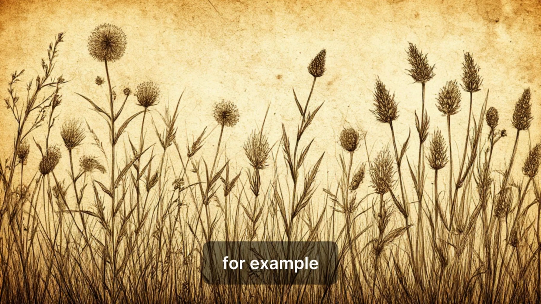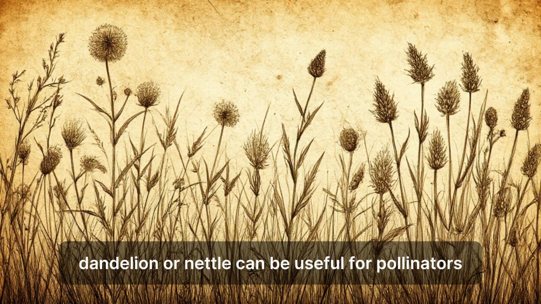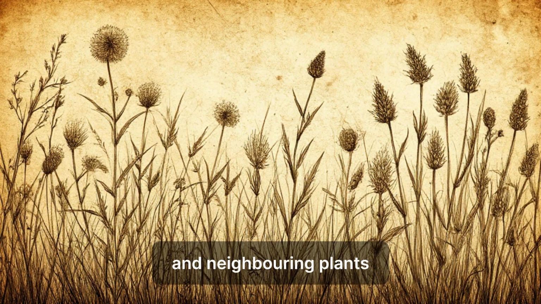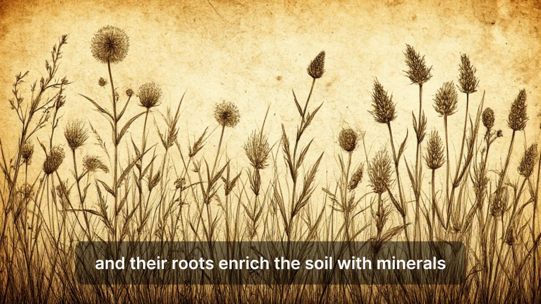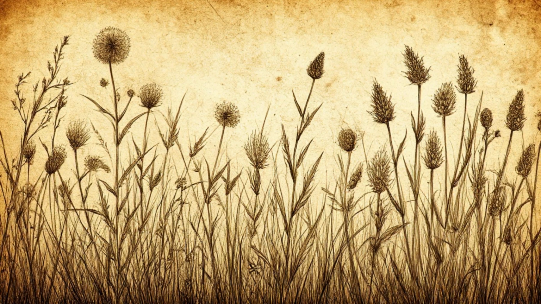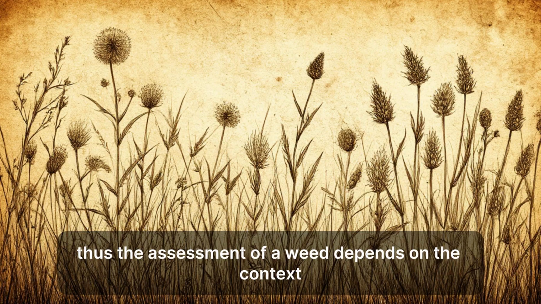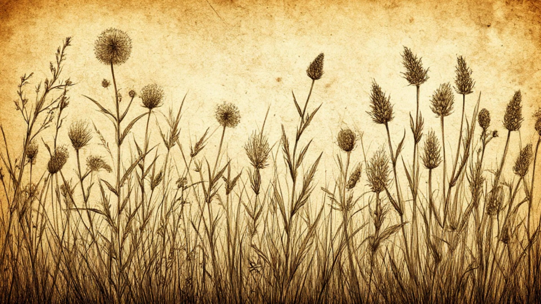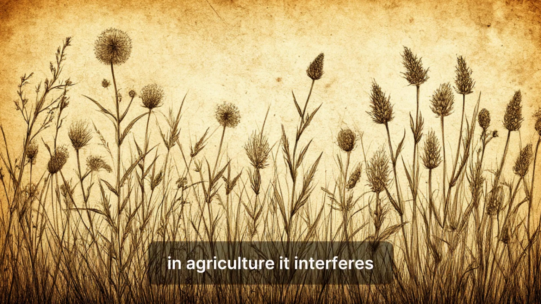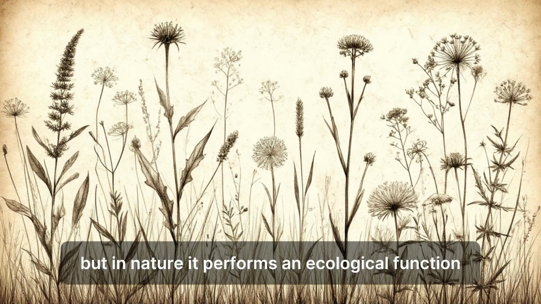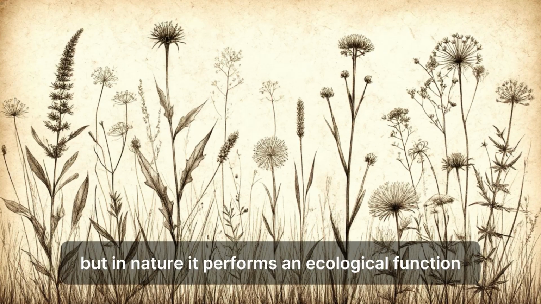For example, dandelion or nettle can be useful for pollinators and neighboring plants, and their roots enrich the soil with minerals. Thus, the assessment of a weed depends on the context. In agriculture, it interferes, but in nature, it performs an ecological function.